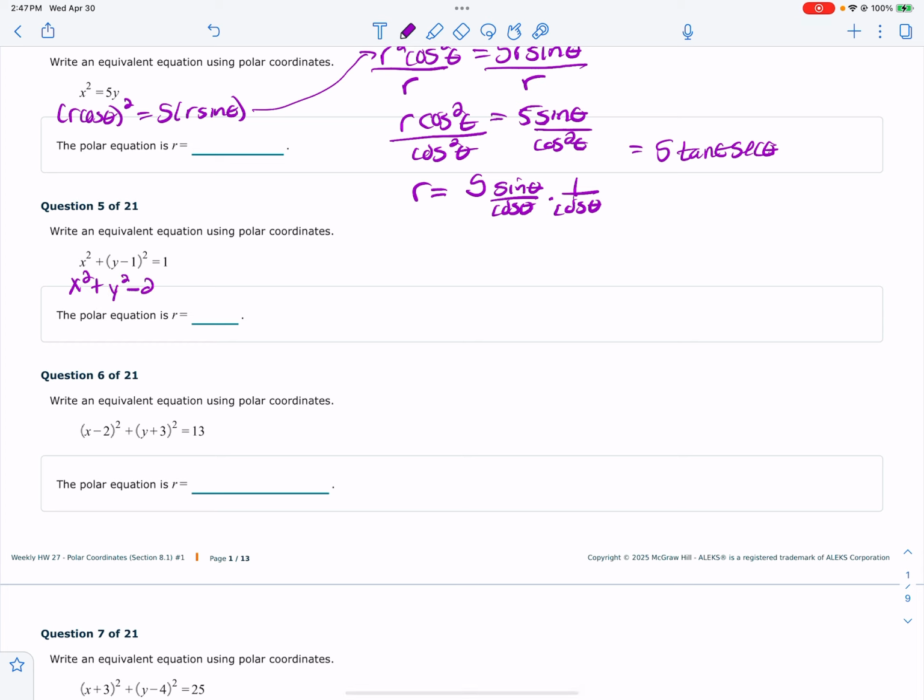Let me write that out for you. So I have x squared plus y squared minus 4x plus 6y equals 0. x squared plus y squared is r squared, x is r cosine theta, and y is r sine theta. And so, divide everything through by r, you end up with r minus 4 cosine theta plus 6 sine theta equals 0, and so you end up with the same exact answer.